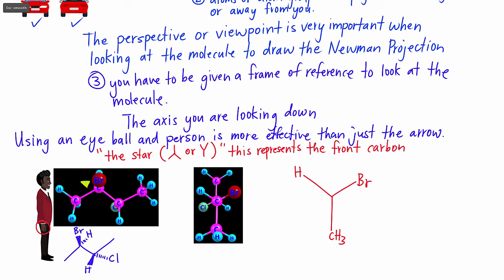Okay. Now, a circle represents the back carbon.